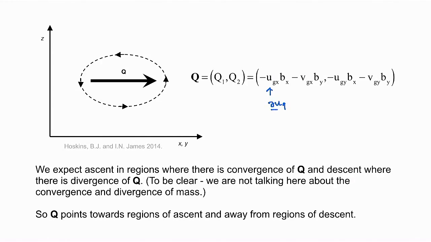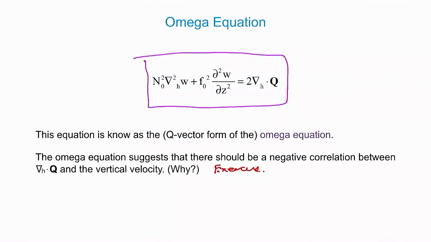UGX is the same thing. Now in the omega equation, the forcing, the right-hand side, is the divergence of Q.